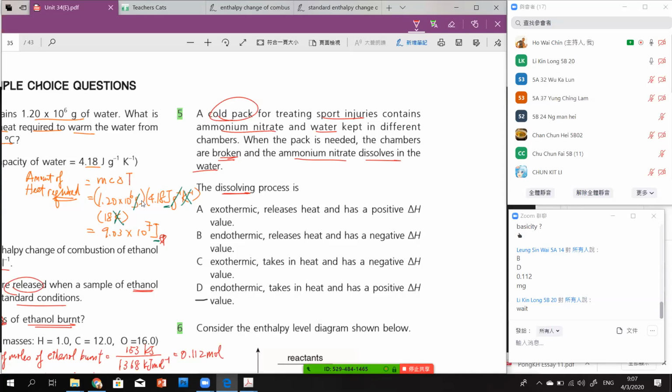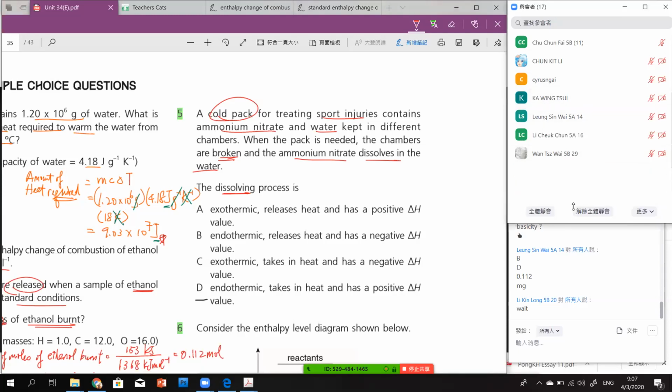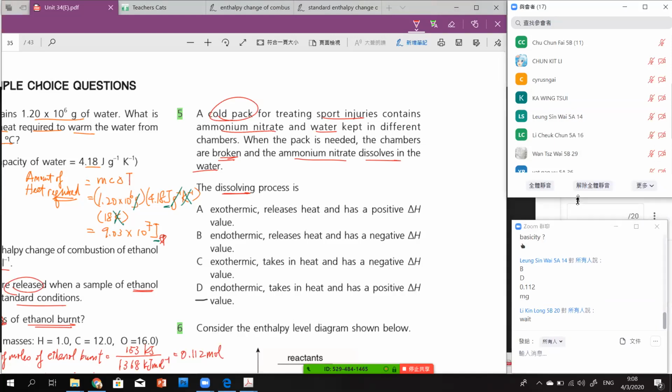Some of you will say D. How about you, Lei Hinlong? What do you think? And Zhu Junfei, how about you? I will try to find some other people, they'll be on the bottom of the list. Get prepared for the questions.